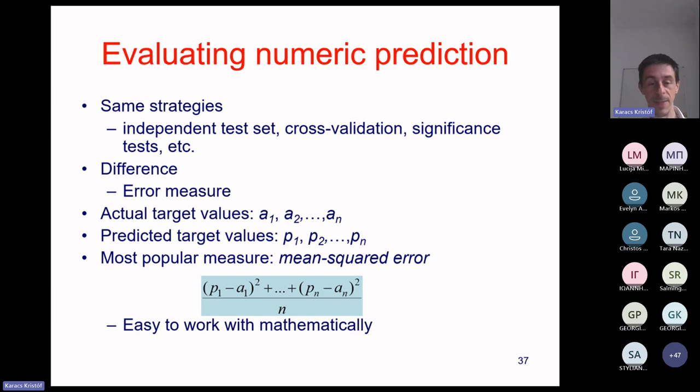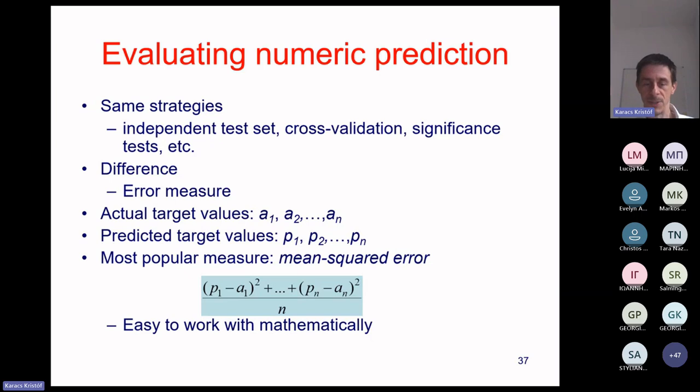But this doesn't mean that the predictor is wrong. If the predictor gets close enough to the ground truth value and the difference is small, then we can declare that this is a good prediction. And we are looking for an error measure which is able to grasp this difference.